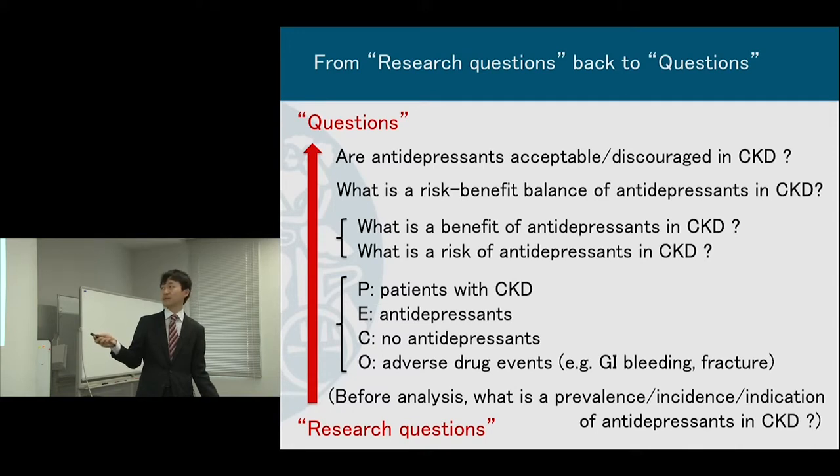So in terms of risk-benefit balance, probably we should say antidepressants shouldn't be prescribed generally for patients with CKD. I didn't have any answer 5 years ago, but now if I'm consulted by a junior resident or a psychiatrist, maybe I could advise him or her that generally it's not recommended.